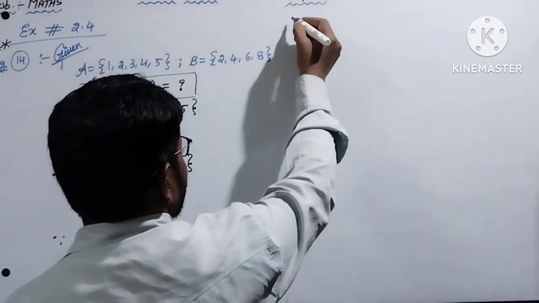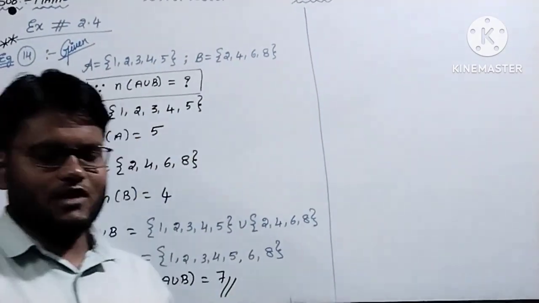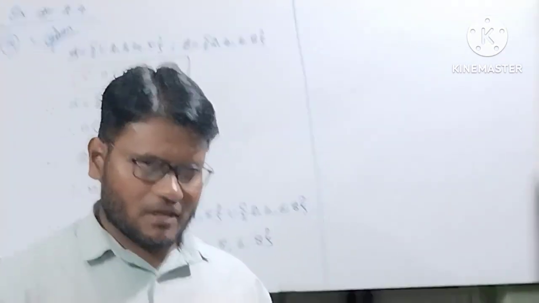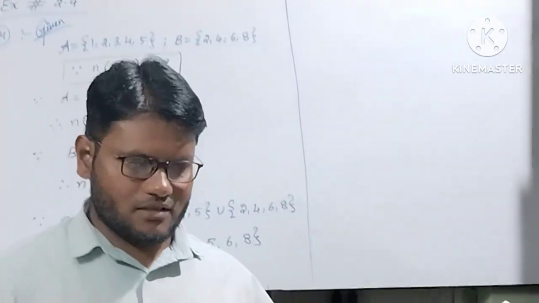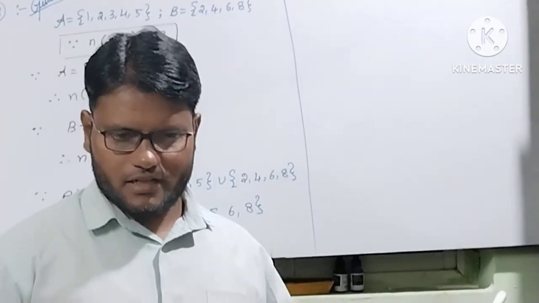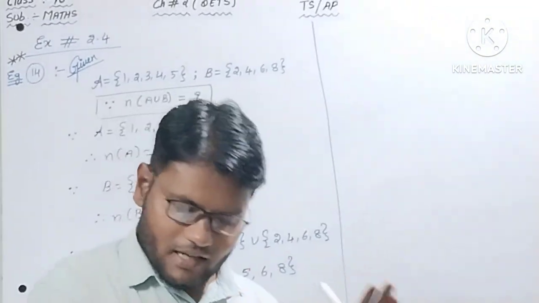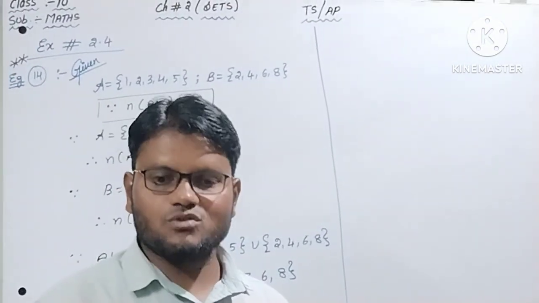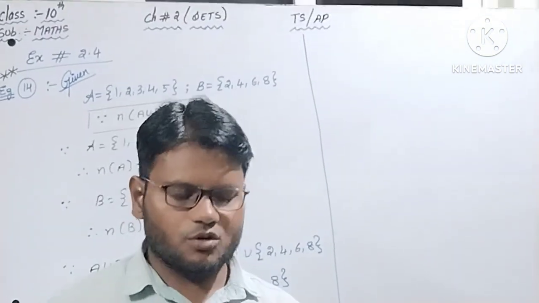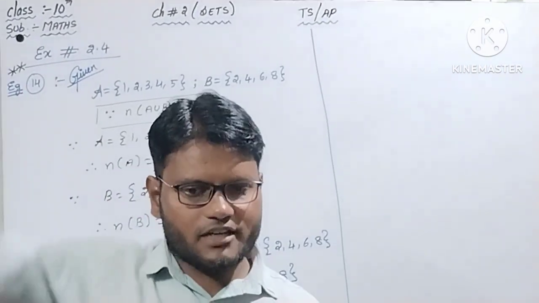Let's see one more question. Very important. It was asked in the previous board examination, I think in April. In that question we have to use a formula, but that formula is not in the textbook, so many students got confused. That formula was in the old textbook.